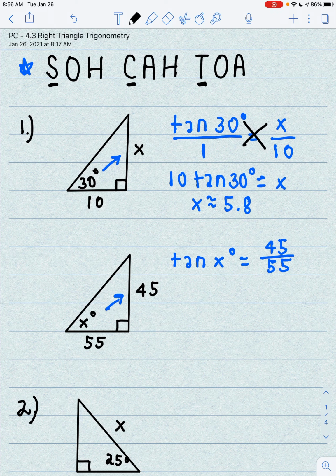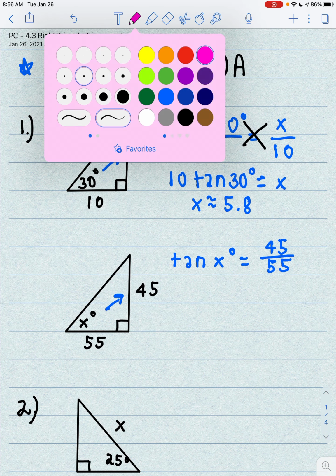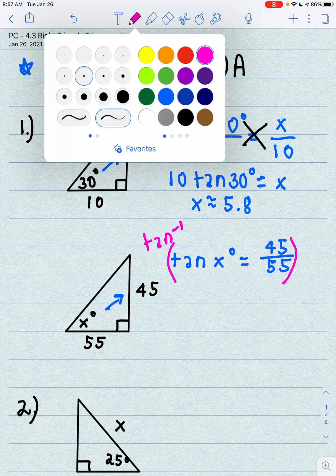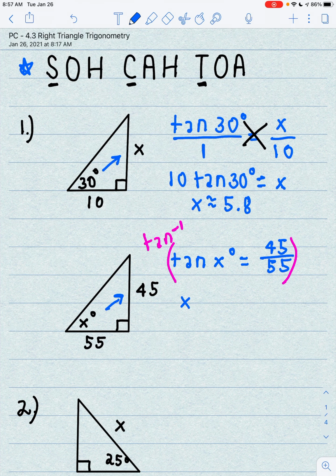We want to undo taking the tangent, so I'm going to take the inverse tangent of both sides. That's what you see above the tangent. It looks like tangent raised to the negative first. So really, X is going to be equal to the inverse tangent of 45 over 55.